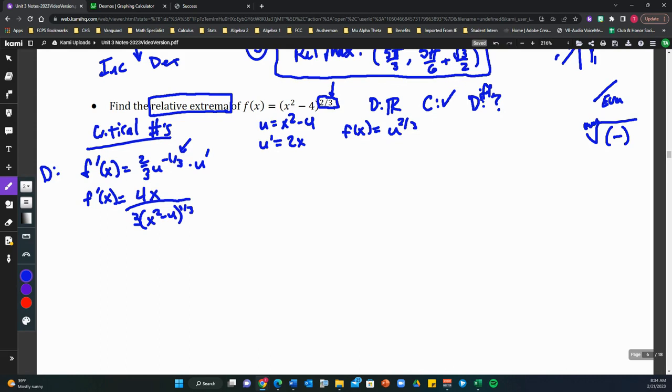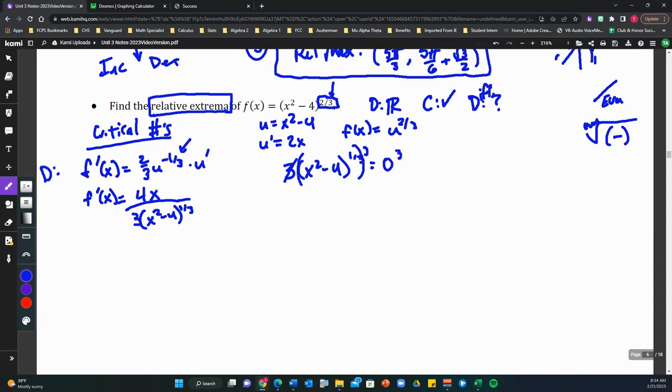So now if I think about the domain of this guy, again, my denominator, it is possible for this guy to equal 0. So I'm going to do that scratch work over here off to the side. If I were to try and set that guy equal to 0, multiplying by 3 doesn't really matter. I can divide that away. So the only way that the whole thing is equal to 0, the 1/3 power I can just get rid of by cubing everything.